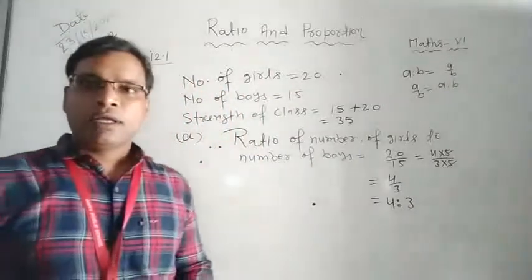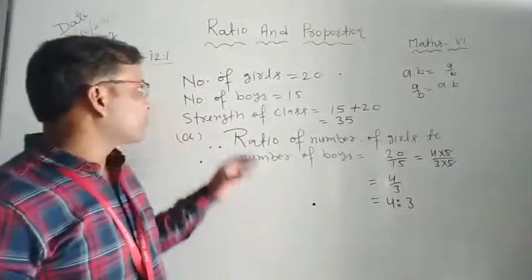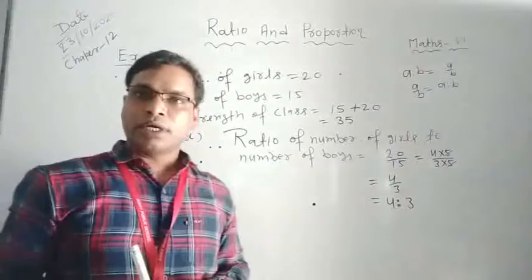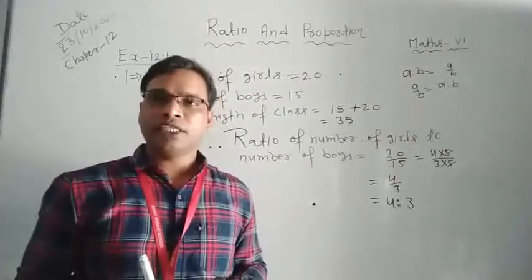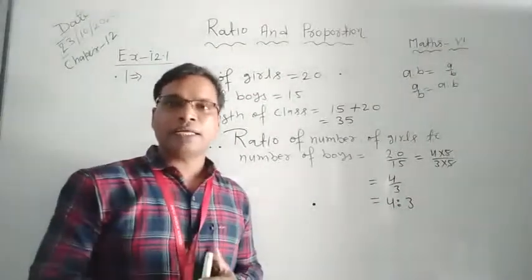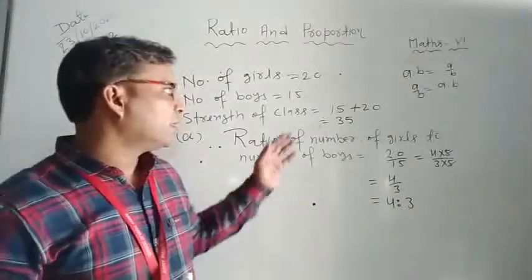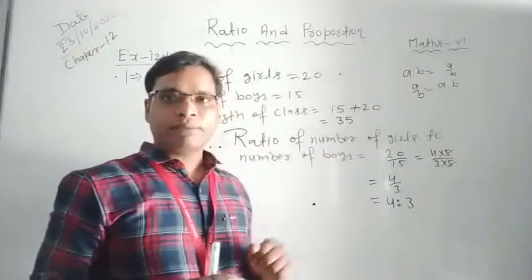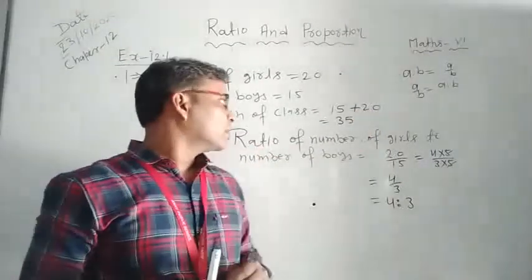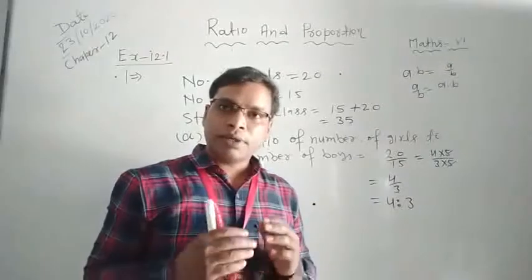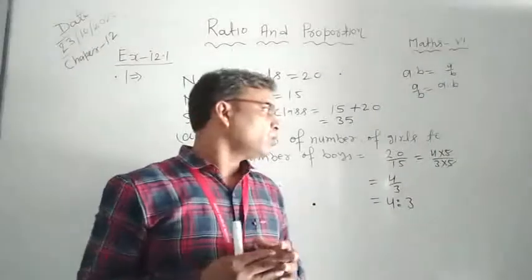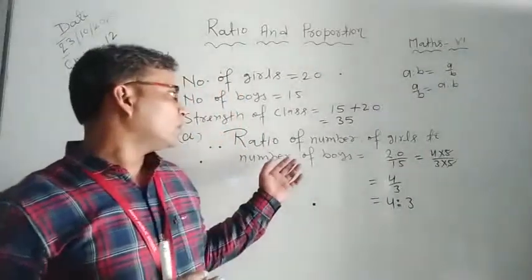Clear? In this question it is given that the number of girls is 20 and the number of boys is 15. So in this way you can find the total strength of class, or total students in class, is 15 plus 20, which is equal to 35. But the question here is the ratio of the number of girls to the number of boys.